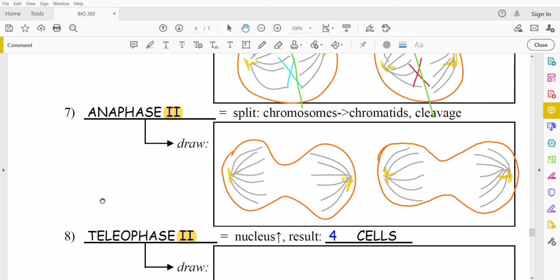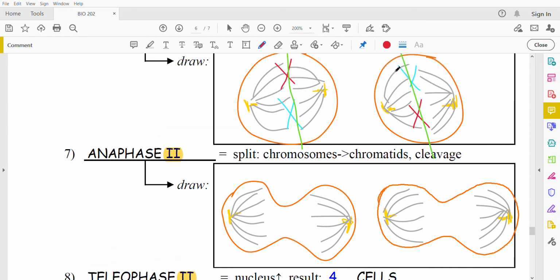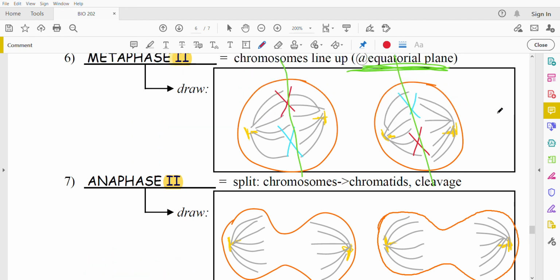Perfect. And now, during anaphase 2, these chromosomes that we saw earlier during metaphase 2 get split into two. These chromosomes get split into chromatids.